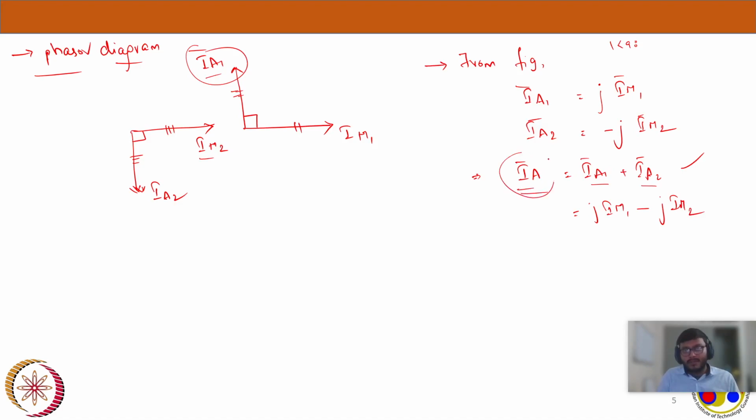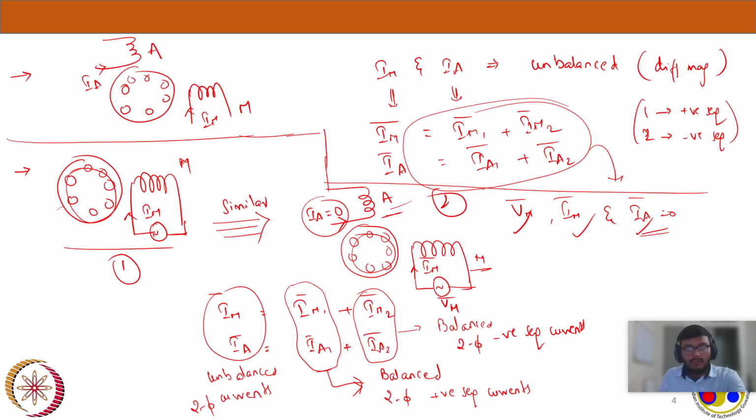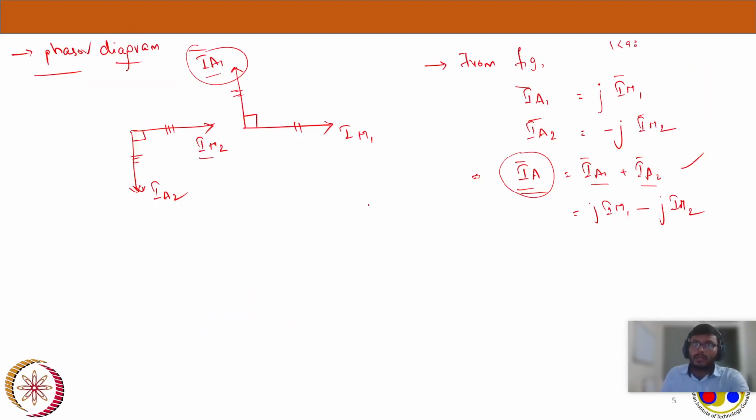But what is our assumption about Ia? Ia doesn't exist. You see here Ia is equal to 0, right? Now if I substitute Ia equal to 0, I can say that IM1 is equal to IM2. If at all it should represent a single phase induction motor, there should not exist any current such as Ia.